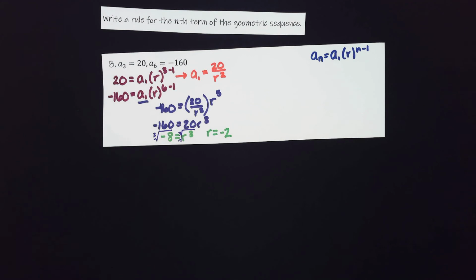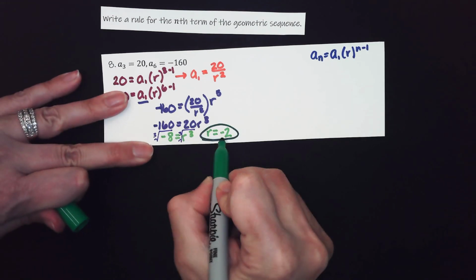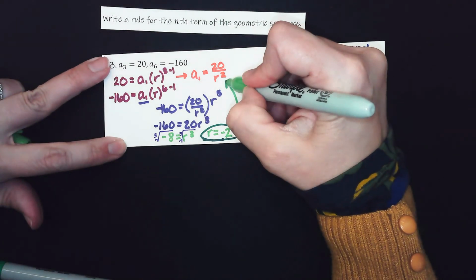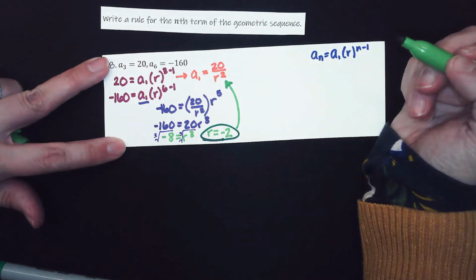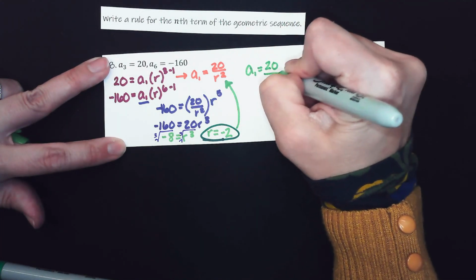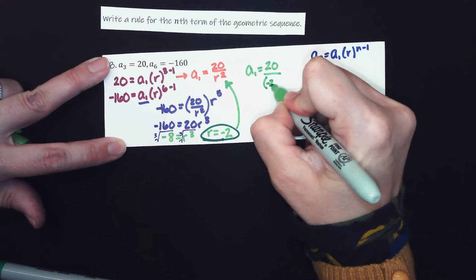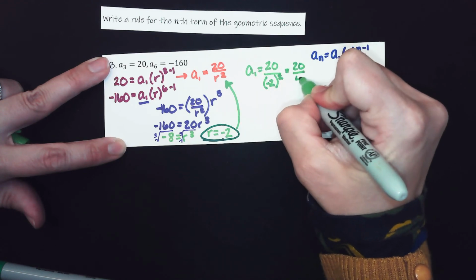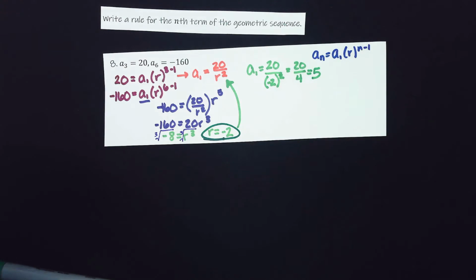So we needed our r, which we now found. I'm going to plug it in up here into where I said a1 equals, so I can find a1. So a1 equals 20 over, and r is negative 2, and that says it's squared. So that's 20 over 4, which is 5.